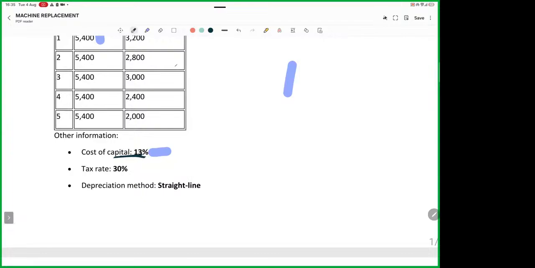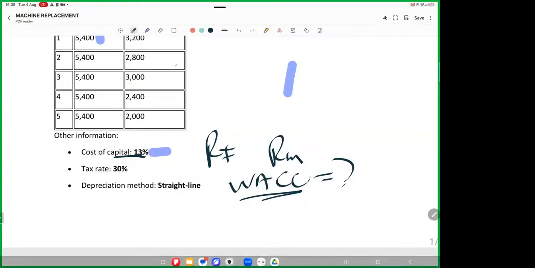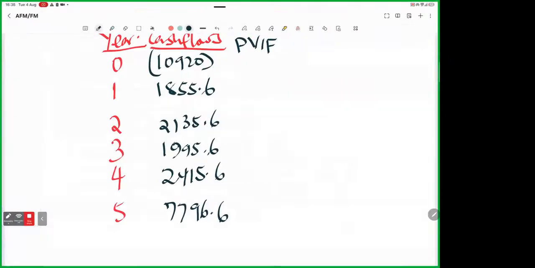A good examiner will give you risk-free, returns of the market, and beta. They would want you to calculate cost of equity, and then once you get cost of equity, we have cost of debt, they would want you to get the WACC on your own. That is what good examiners do. An examiner shall do their homework well.